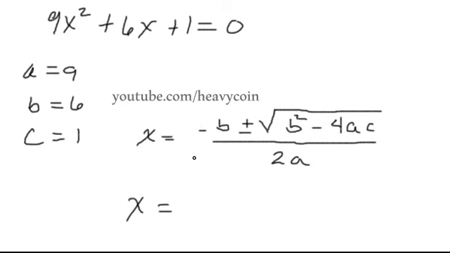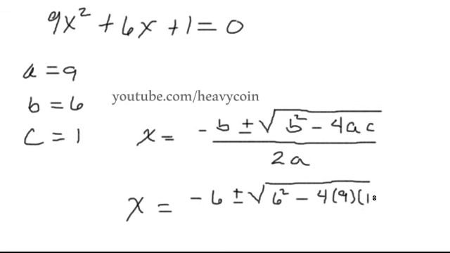So we have b is 6. We have negative 6 plus or minus the square root of b squared. So I'll just write 6 squared in here minus 4a and c is 1. And it's all over 2a, which is 9.